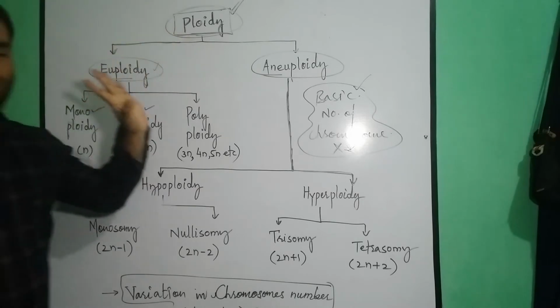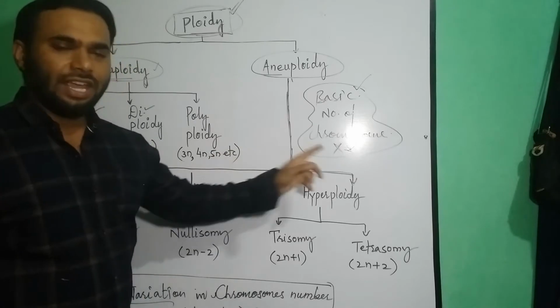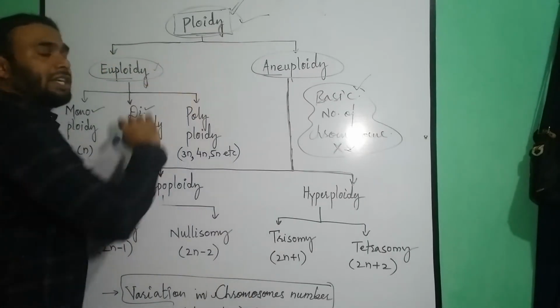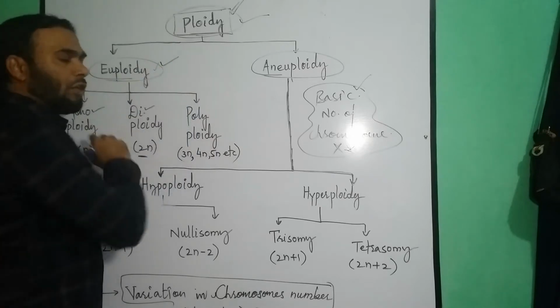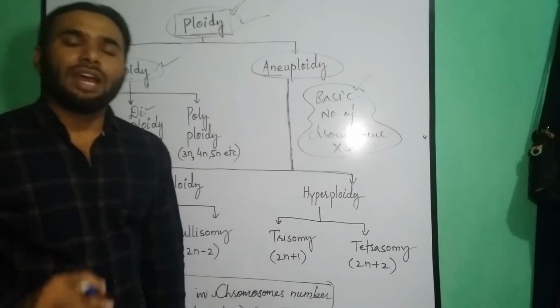Dear students, as you know, ploidy means the degree of repetition of this X. X means the basic number of chromosomes. So ploidy is divided into euploidy when the number of chromosomes in the cell is an exact multiple of this basic number of chromosomes X. Then that cell is called a euploid cell, and that pattern is called euploidy. Let's see once again.